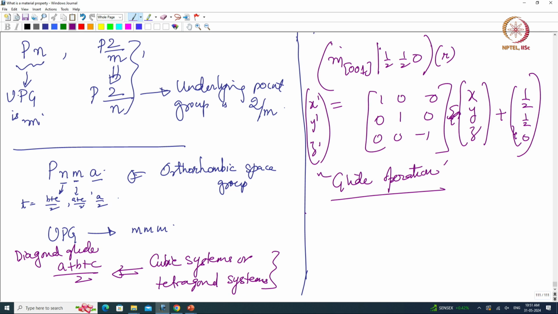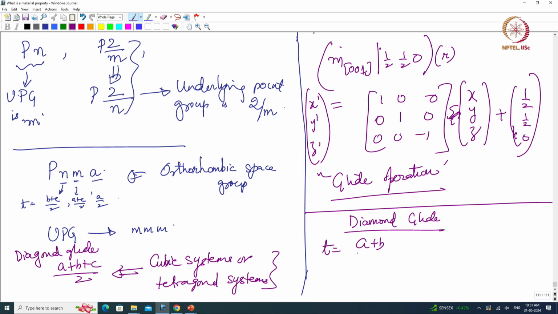Then we go to the other form of glide operation, which is called diamond glide, and here my translation vectors are a plus b by 4, not a plus b by 2, a plus b by 4, or b plus c by 4, or c plus a by 4, or in tetragonal or cubic systems I can also have a plus b plus c by 4.